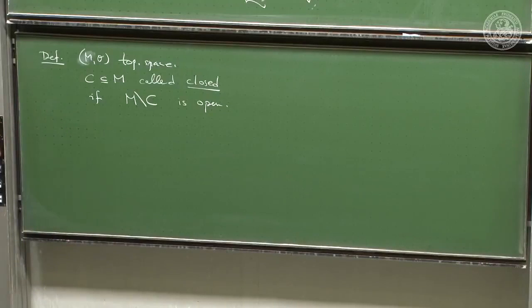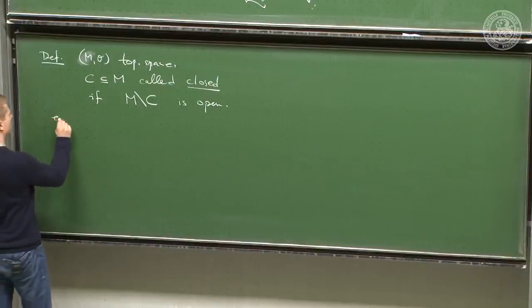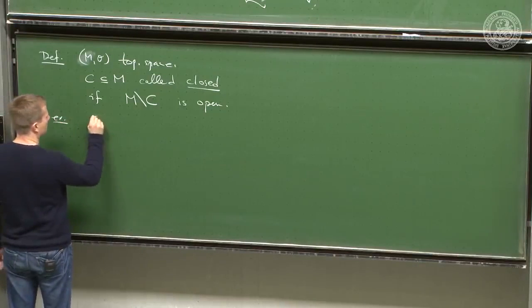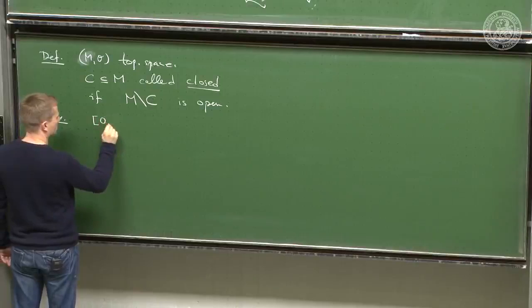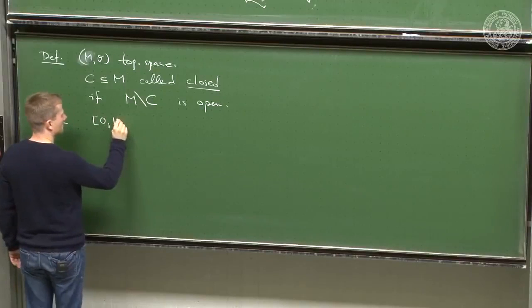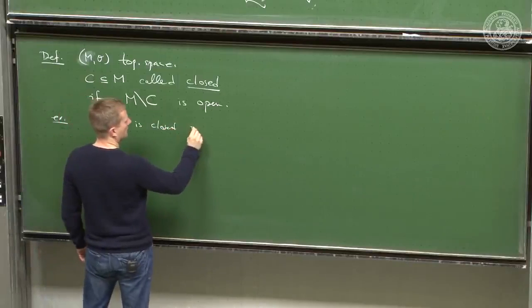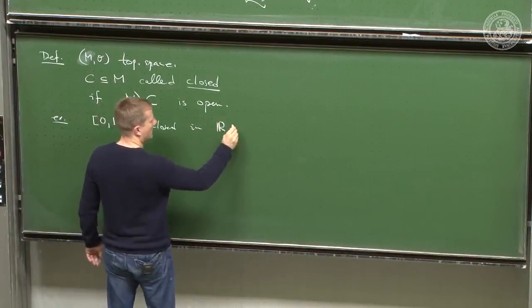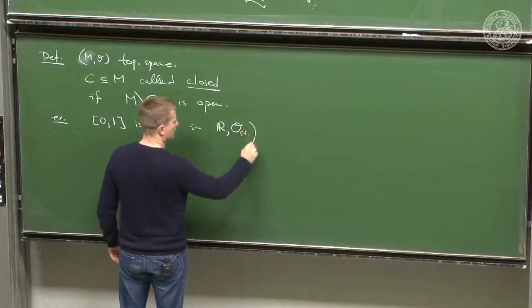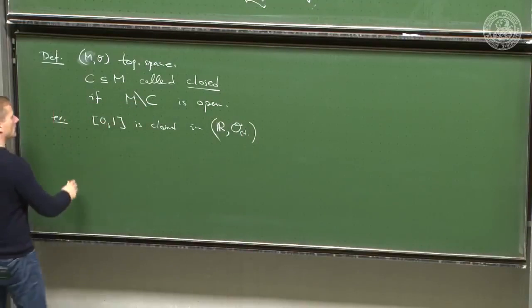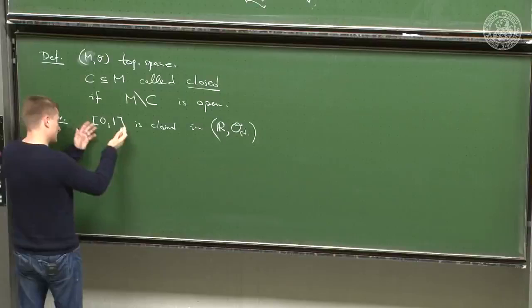Okay, well, a very quick example. The interval [0, 1] is closed in R equipped with the standard topology, not because it has these endpoints.